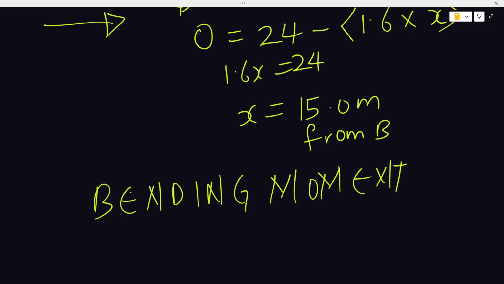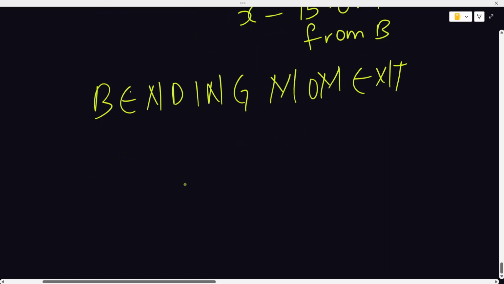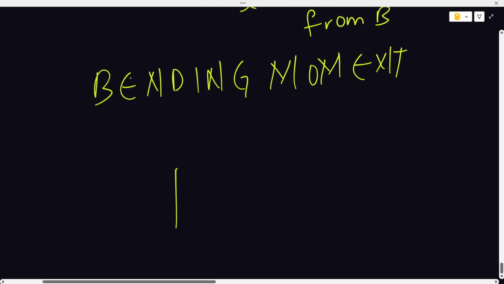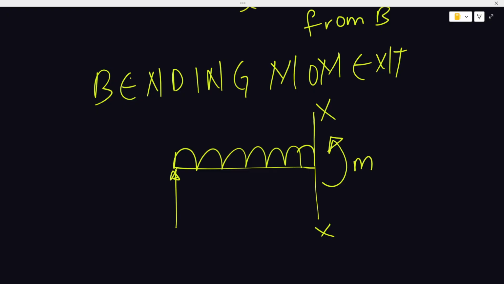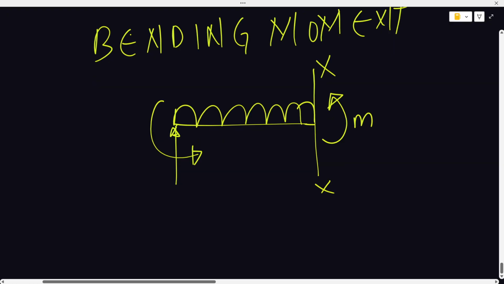Looking at this once again, towards the section, and after the section our moment is always orientated in that manner. It's not that it is always, but engineers prefer it to be in that manner.